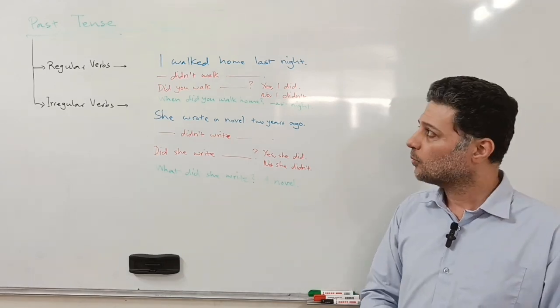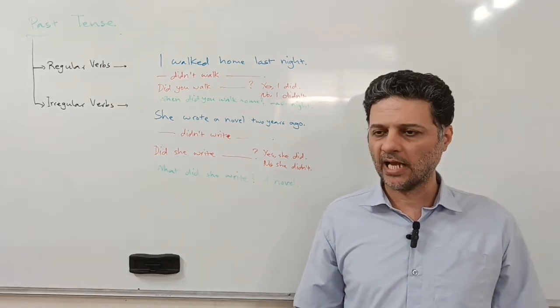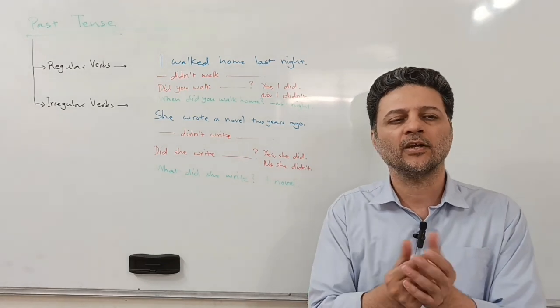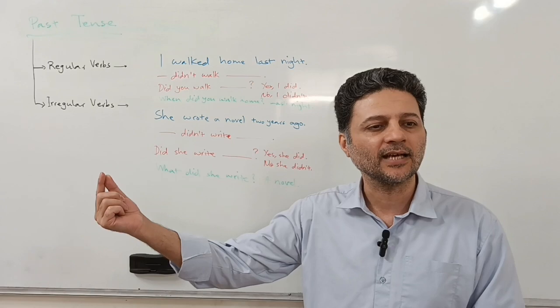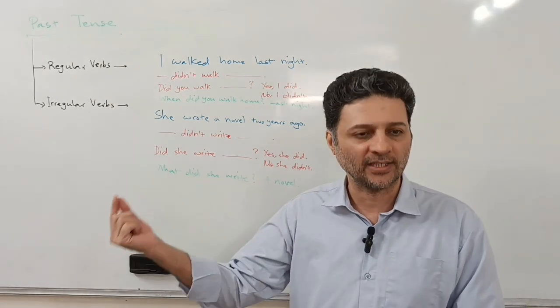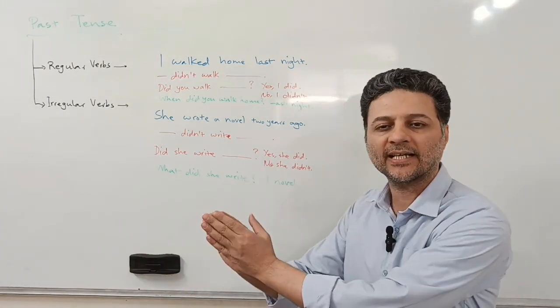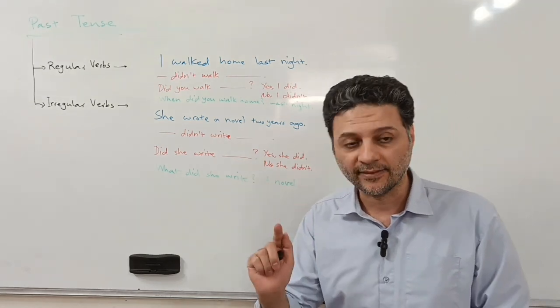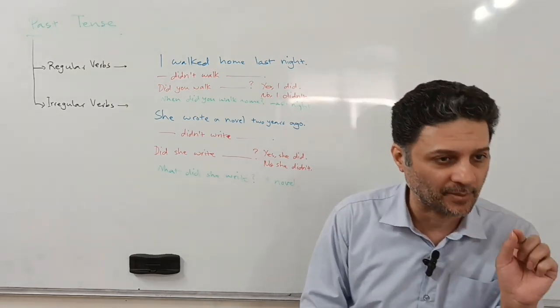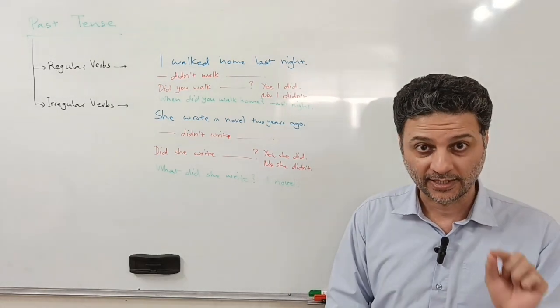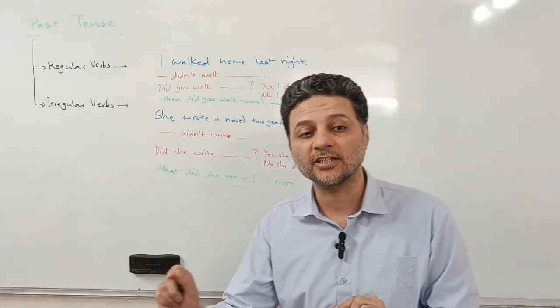Why do we use it in the first place? Past tense, we use a verb or a form of the verb that refers to a past action, a past event. Anything that happened in the past. In other words, any action that started in the past and finished in the past.